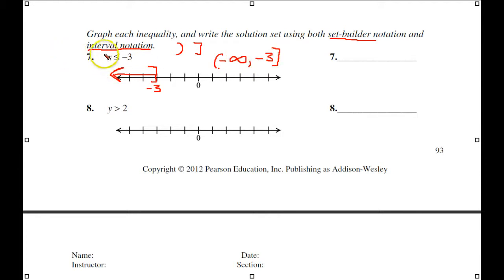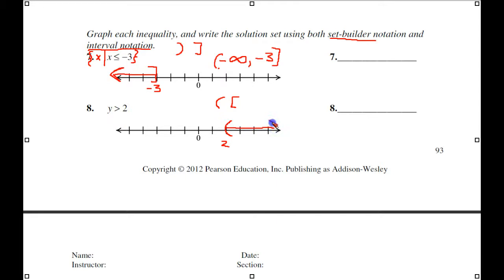Now, set builder notation, we just put a line here, another X, and now use braces. Okay, we've done that before. So here we're interested in a 2. Are we going to use a parenthesis or a bracket? Well, it's only greater than, so we're going to use the parenthesis.